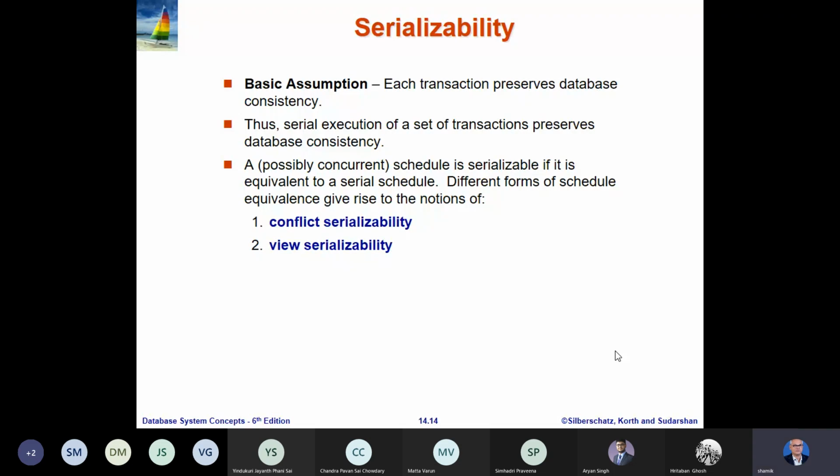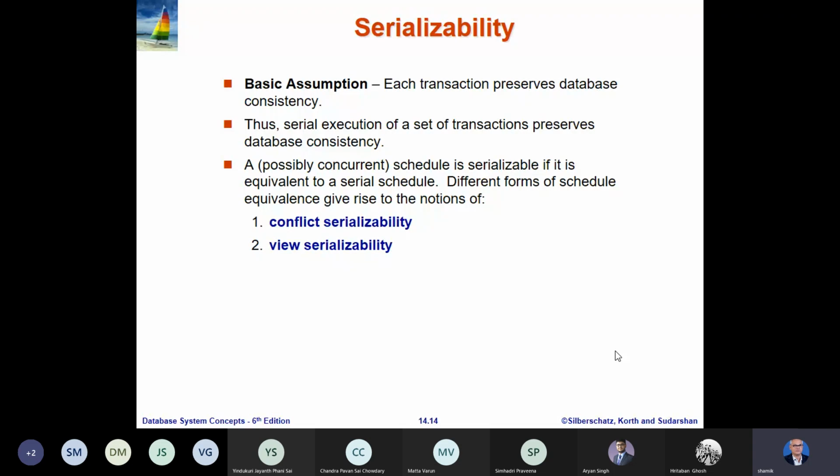Trivially, as you can see, serial execution of a set of transactions preserves consistency. But now, a concurrent schedule is serializable if it is equivalent to a serial schedule, which I have already mentioned. Serial schedules are always going to ensure consistency.